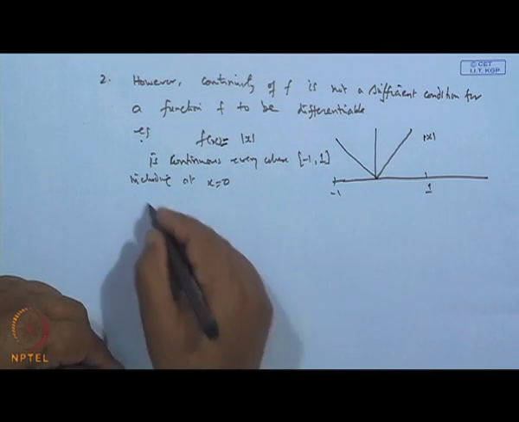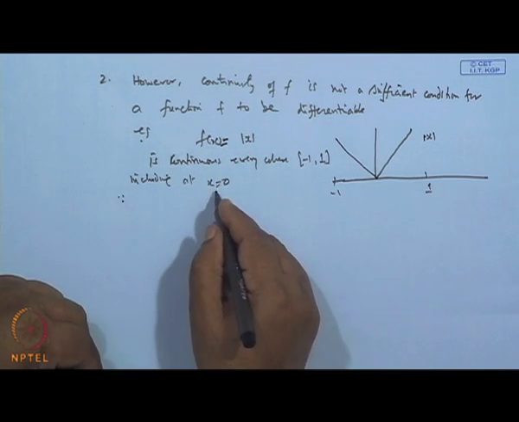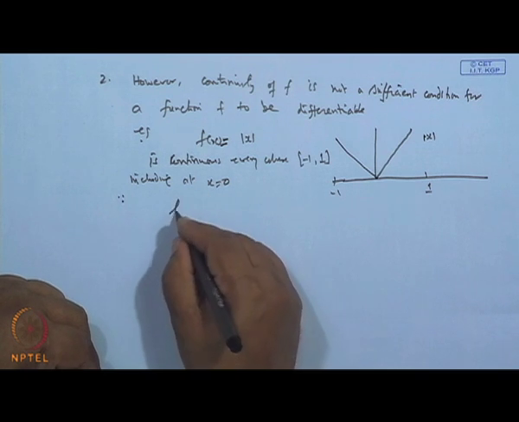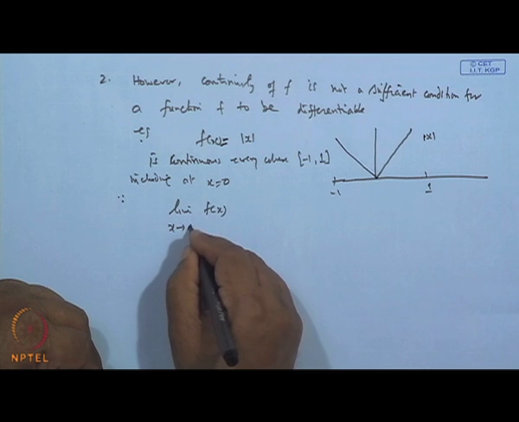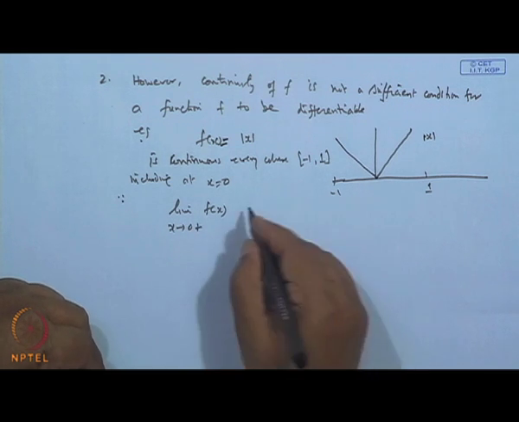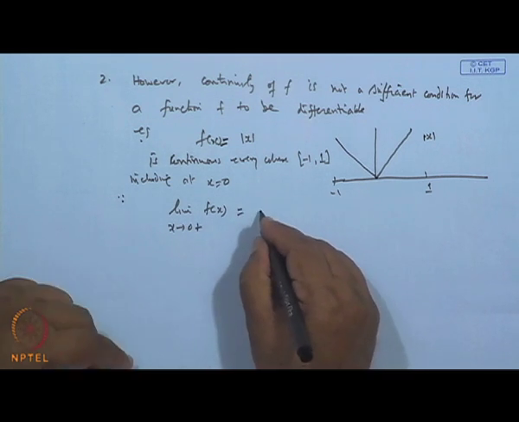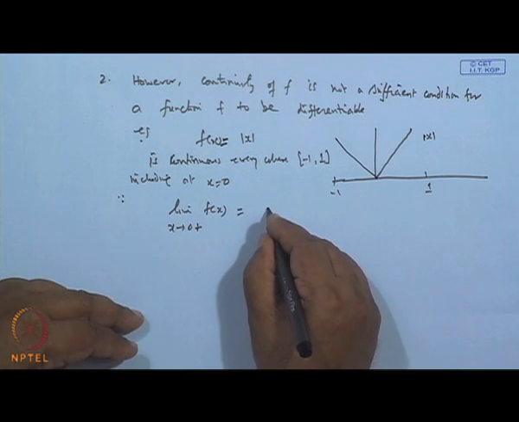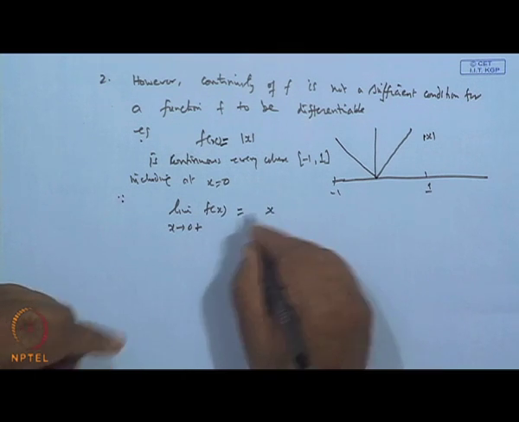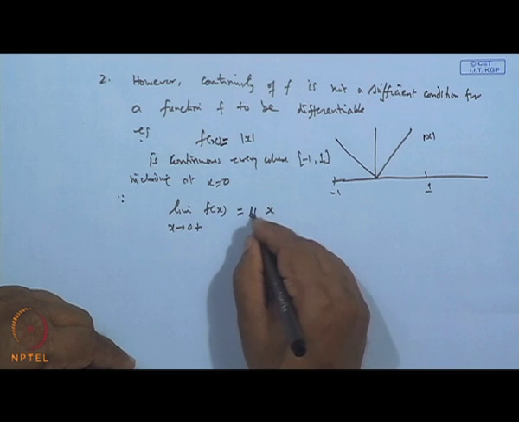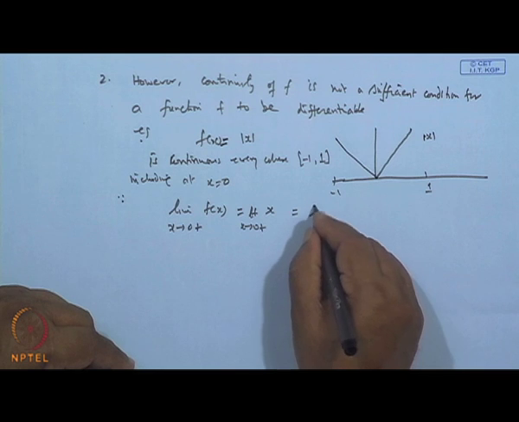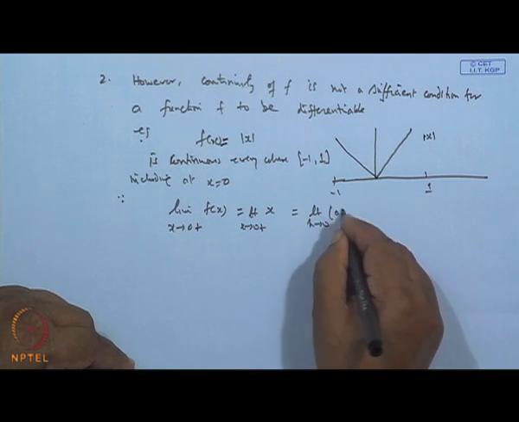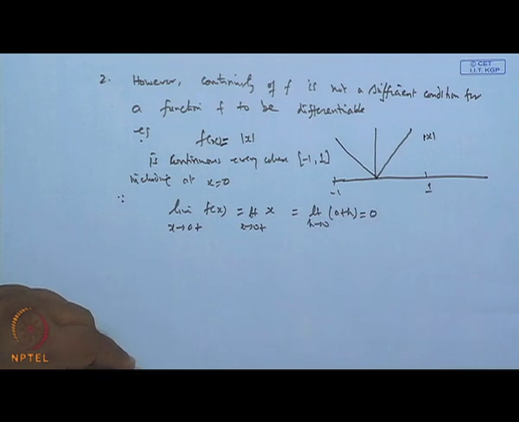The reason is, suppose I want to test at the point 0, what is the limit of the function f x when x approaches 0 from the positive side? Here f x is x, so the limit as x tends to 0 from the positive side is the same as limit h tends to 0 of 0 plus h, which is 0.